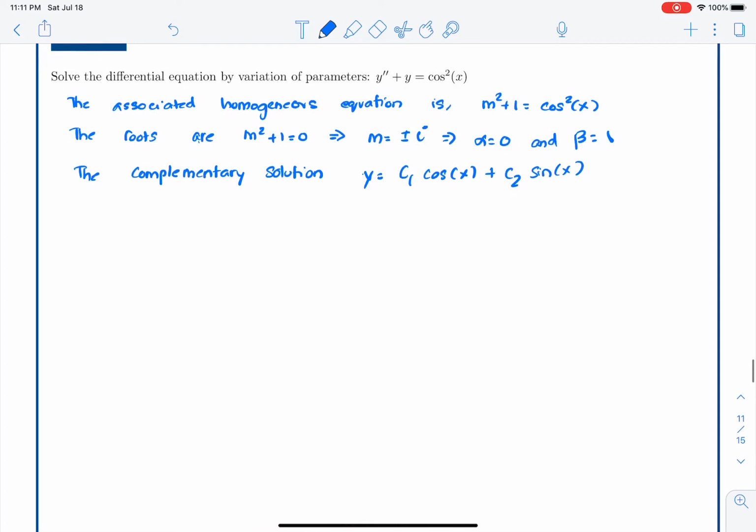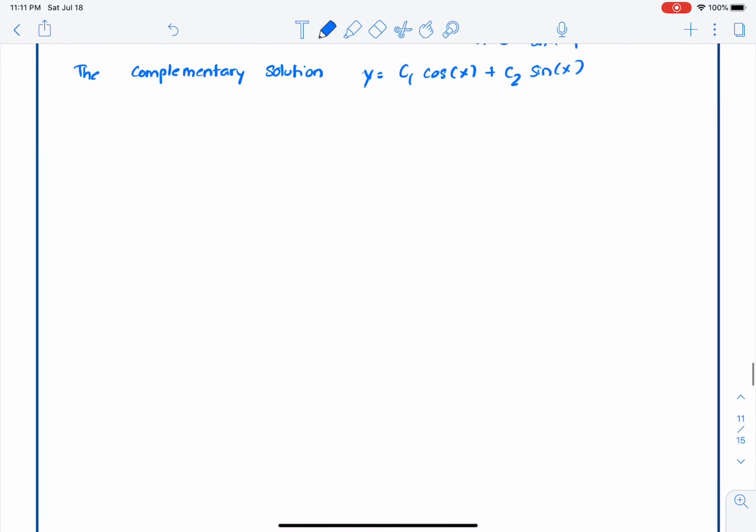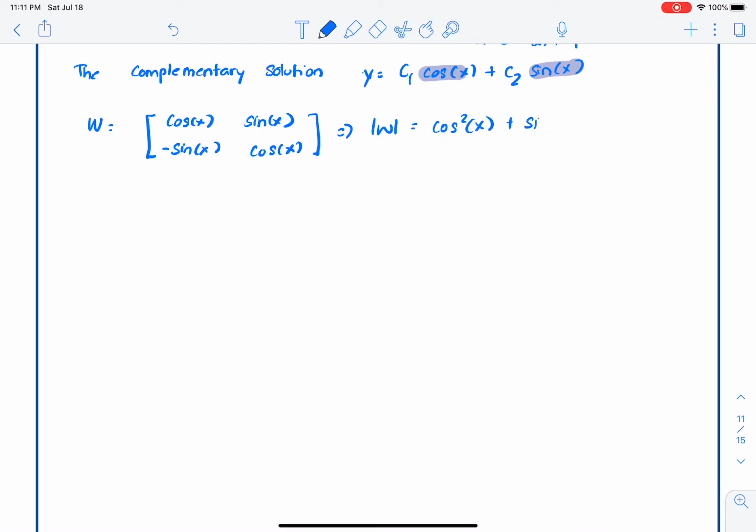So we have to find the particular solution now. In order to do that, we are going to use y1 and y2. So the Wronskian is cosine x, sine x, minus sine x, cosine x. The determinant of the Wronskian would be cosine squared x plus sine squared x, which would give us 1.